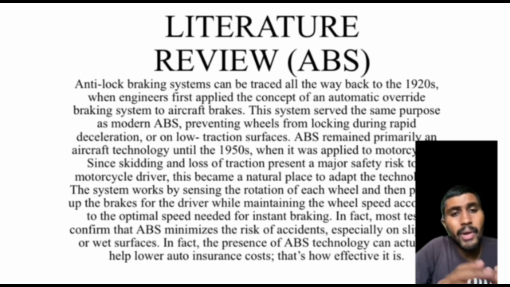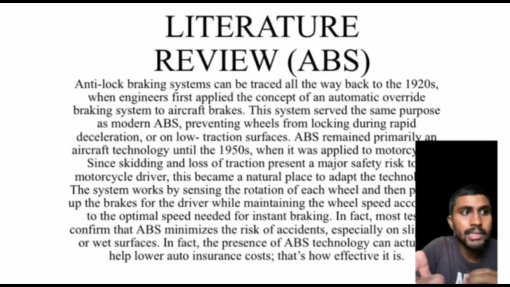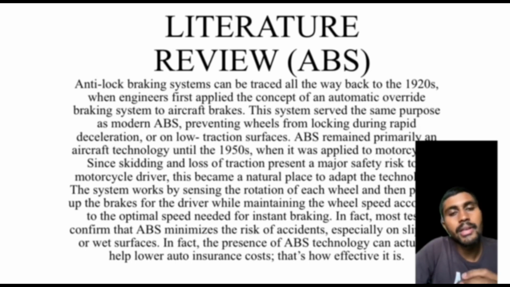ABS remained primarily in aircraft technology until the 1950s, when it was applied to motorcycles, since skidding and loss of traction present a major safety risk to a motorcycle driver. This became a natural place to adapt the technology.